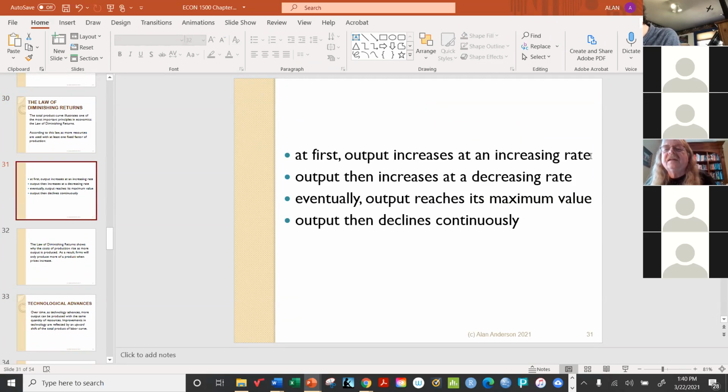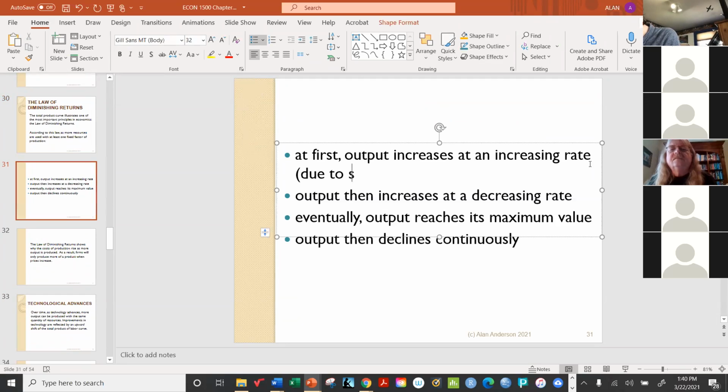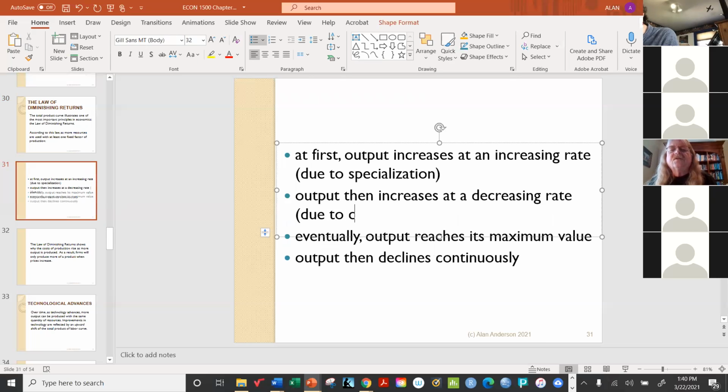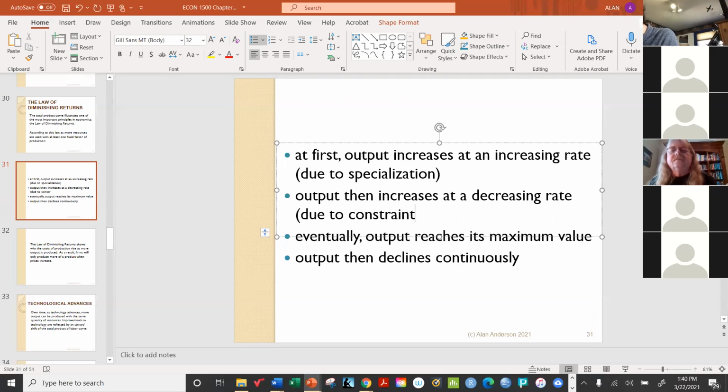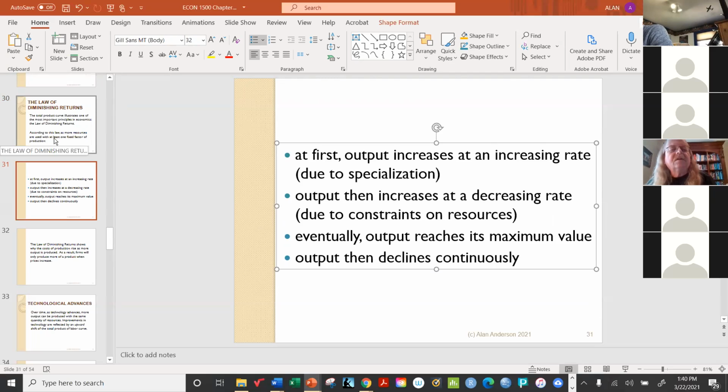In fact, let me sneak that in here. Output then increases at a decreasing rate due to constraints on resources. Eventually output reaches a maximum value and then it declines continuously. This is what we mean by the law of diminishing returns.